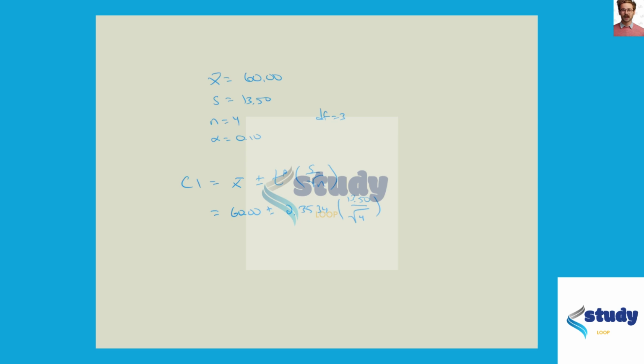And now to 2 decimal places, the lower boundary would be found by subtracting 60 minus 2.3534 times 13.5 over the square root of 4. And that's $44.11, and the upper boundary is found by adding, and that's $75.89.